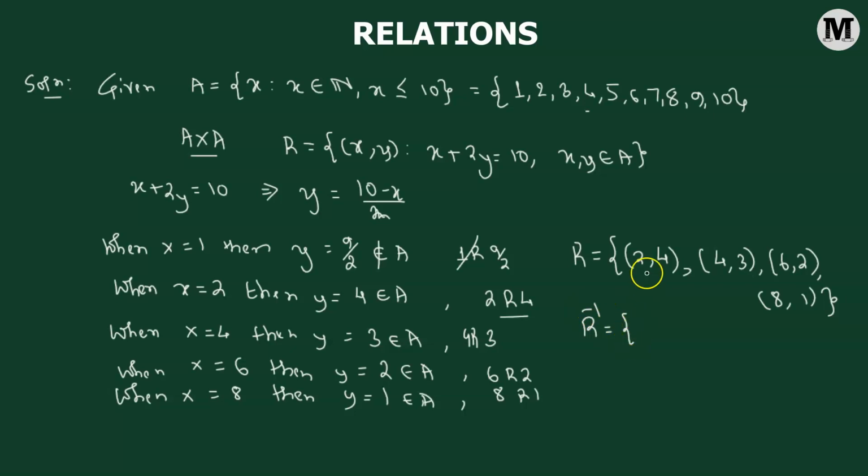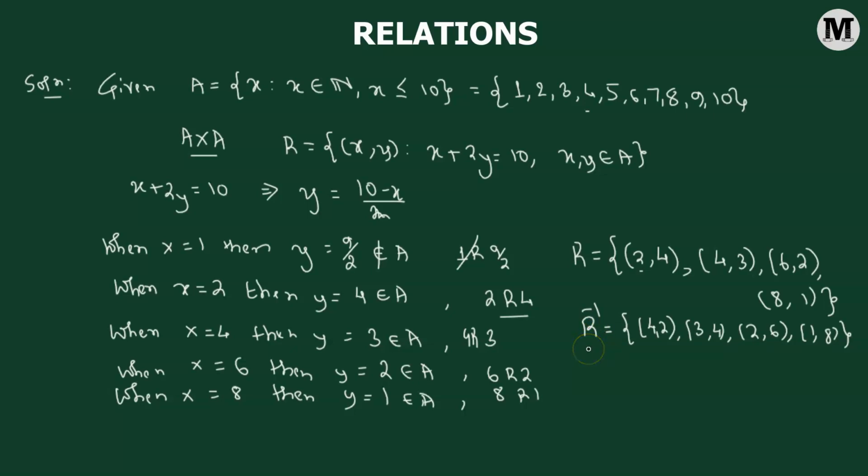All we have to do is interchange the positions of the elements in each ordered pair. That means (2, 4) is going to become (4, 2). Then (4, 3) will become (3, 4). Next, (6, 2) becomes (2, 6), and (8, 1) is going to correspond to (1, 8). So we have the ordered pairs for the inverse of the relation R as well.